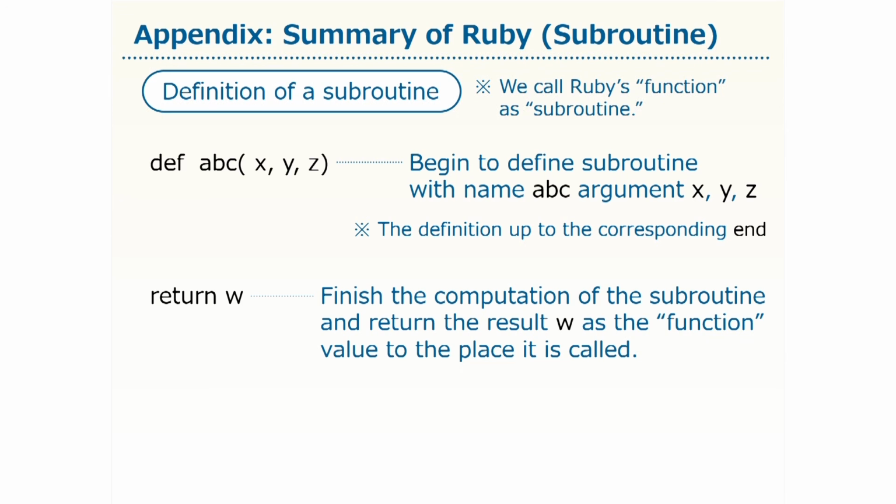The data given to the subroutine is taken as arguments, with variable names such as x, y, z, like this. Then we write the return command to terminate the computation and return to the place where the function is called. In this example, the value of variable w becomes the value of the function.